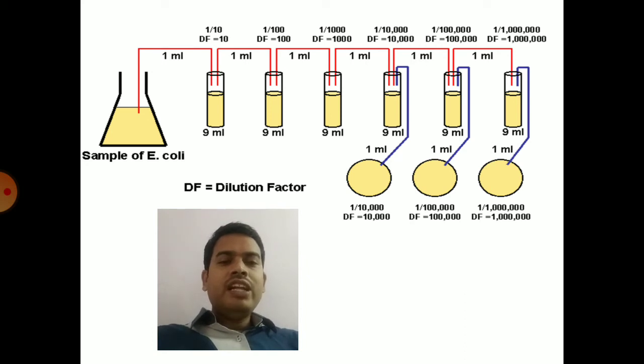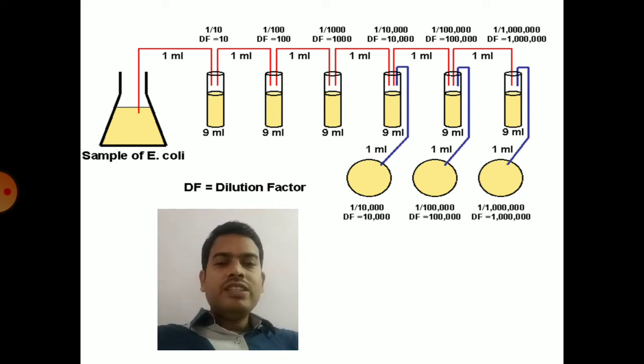So why do we dilute this microbial sample? Because the number of bacterial species present in the sample will be large. If you perform this serial dilution method, you can reduce the number of bacteria and you can get pure cultures after cultivation of this serially diluted sample.